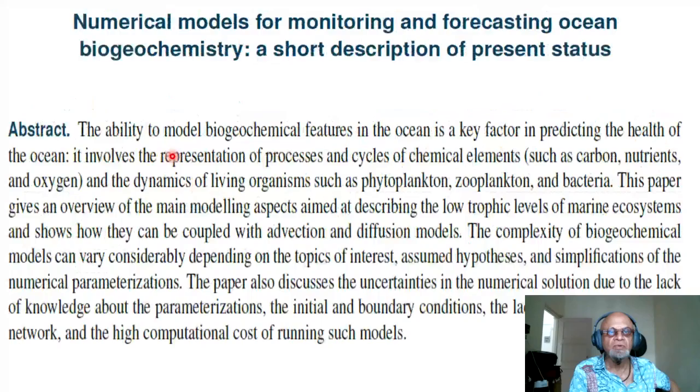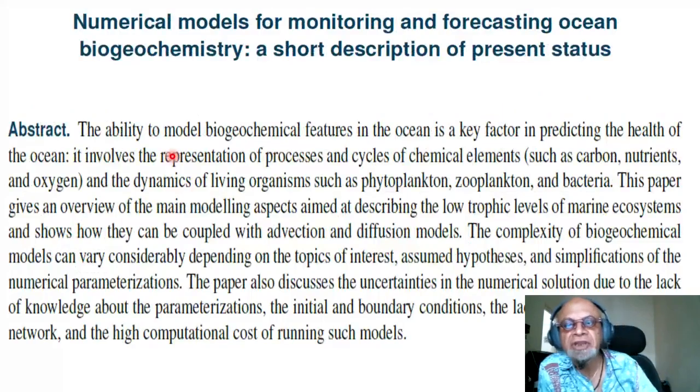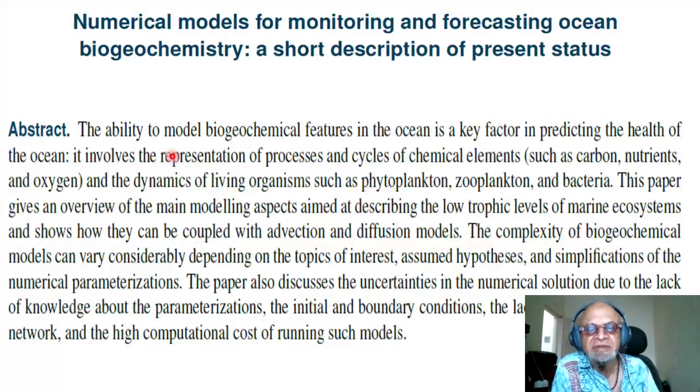Okay, so numerical models for monitoring and forecasting ocean biogeochemistry. Typically the models vary in complexity. So you may have phytoplankton, zooplankton, and bacteria, or just carrying also carbon, nutrients, and oxygen, and how many size classes or functional groups of phytoplankton and zooplankton you have, whether you have calcifiers and nitrogen fixers and so on and so forth.